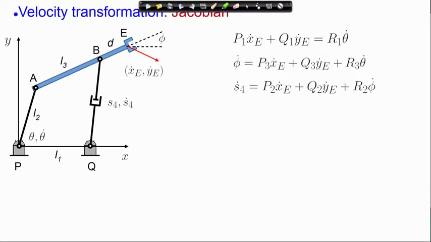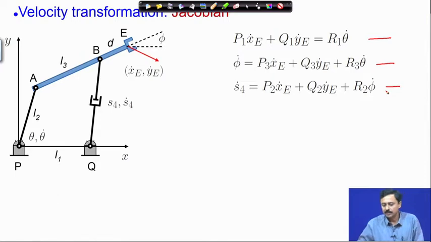So, here I have collated all the expressions that we had derived. We had derived this first and then these two expressions were derived. Now, here I have phi dot, which appears in the expression of S 4 dot. Therefore, I can eliminate phi dot in the expression of S 4 dot.